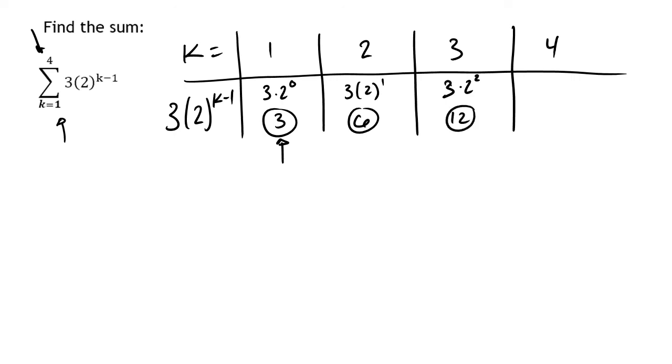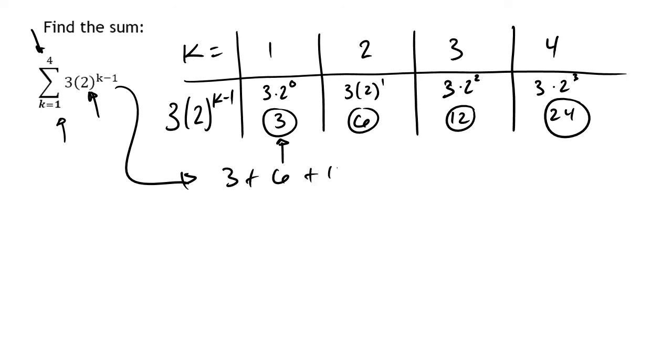And honestly, at this point, I can see each time I'm multiplying by an additional 2. So the last one's going to be 24, which is 3 times 2 to the third. 3 times 8 is 24. So what we're looking at here is the sum of the values 3 plus 6 plus 12 plus 24.